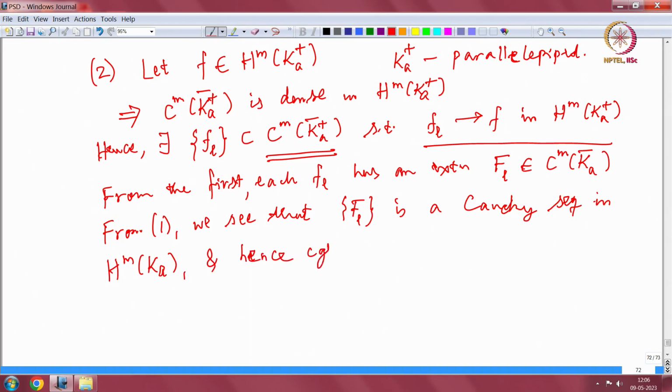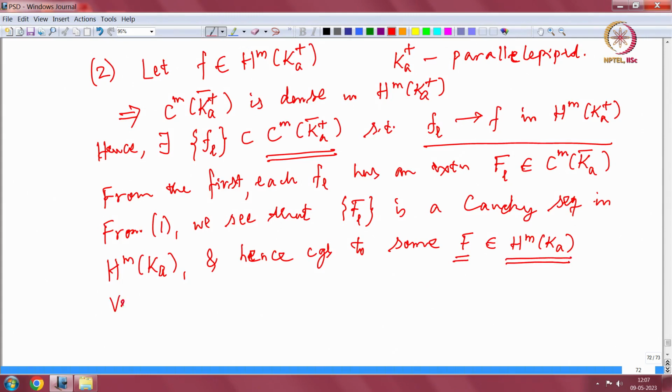And hence converges to some big F in Hm Ka. Okay. So verify. This is now a simple thing. So now at least we have found a member in Hm Ka. Okay.